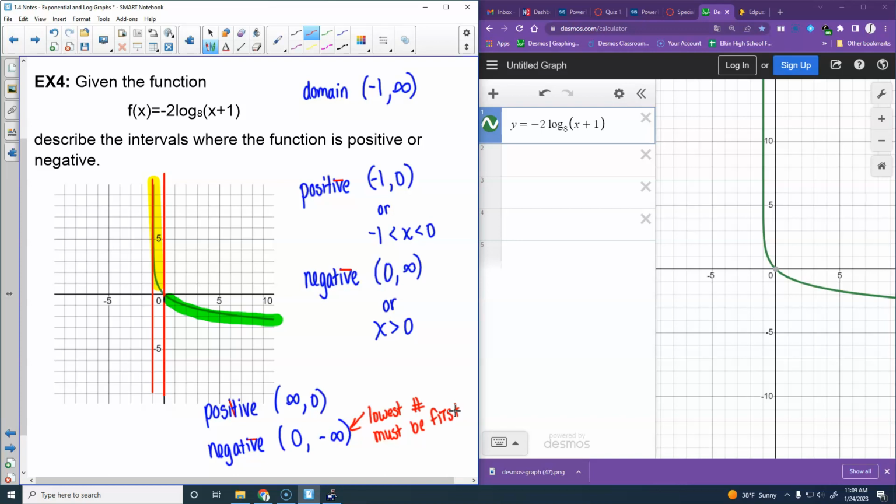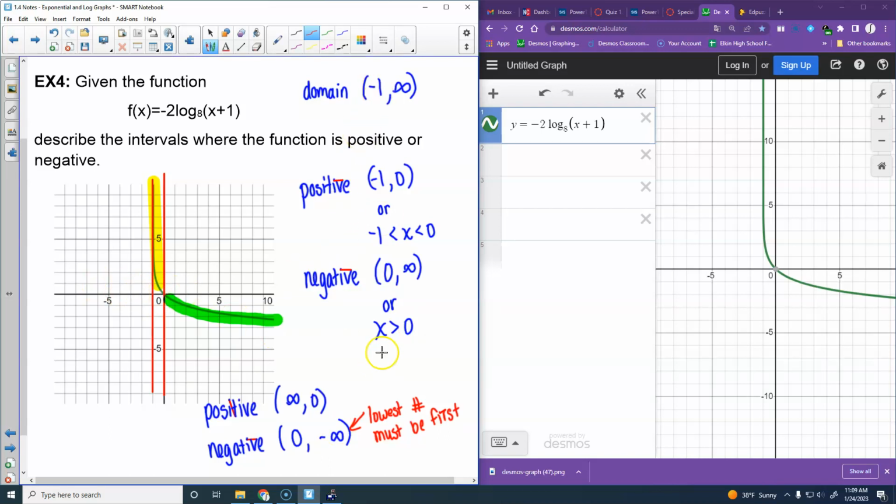No matter what question it asks you, because you can't go from 0 to negative infinity. You can't go right to left. You have to have your lowest number first. So both of these, I would know they're wrong because the lowest number has to be first. Sometimes maybe it even looks right. It's like negative infinity to 0. But don't look at the y-axis. You're thinking vertical lines, x-axis only. Okay? So where this hits the x-axis.